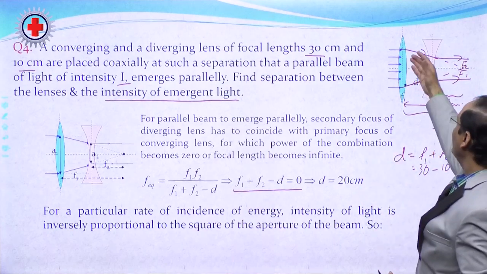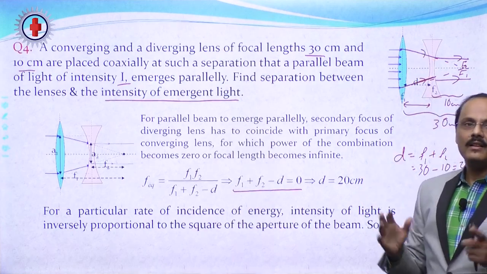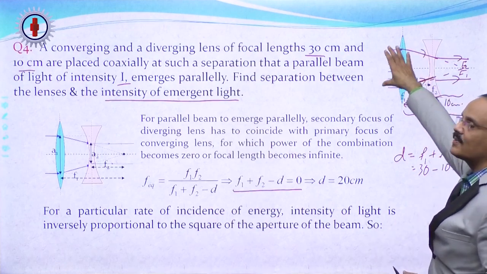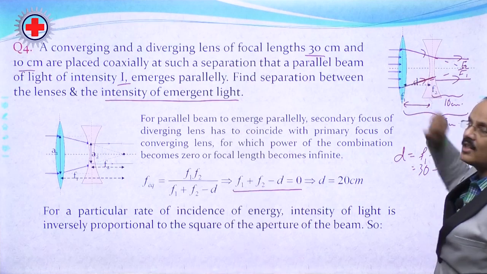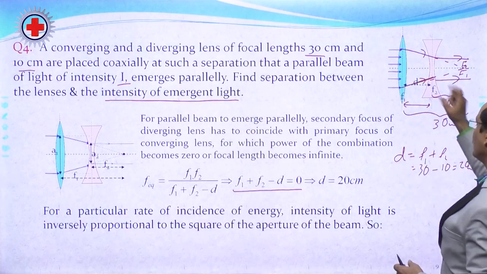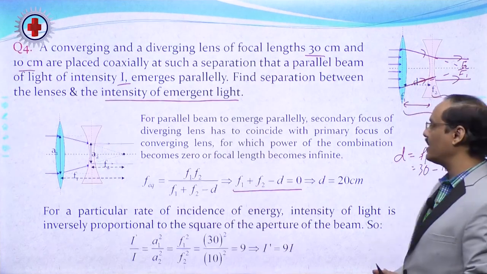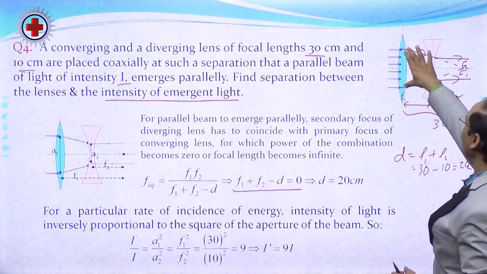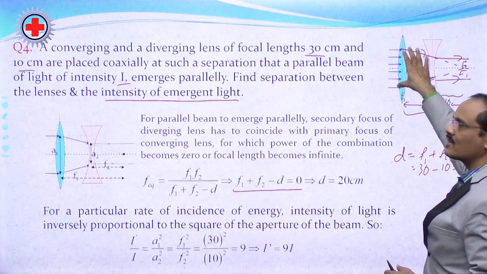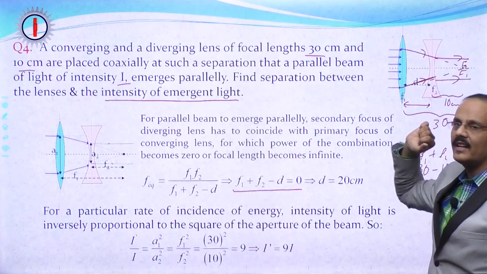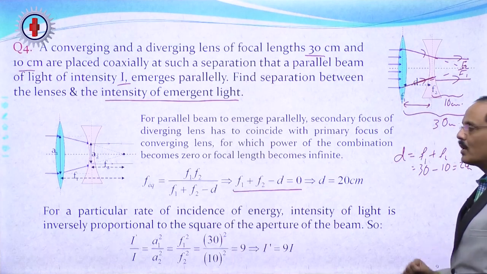The intensity and area are interrelated. How? If energy is fixed, if a constant amount of energy is passing, then intensity and area are inversely related. That is, if light is going through more area, it will have less intensity, and if light is going through lesser area, it will have more intensity.